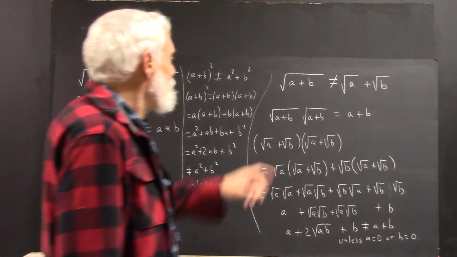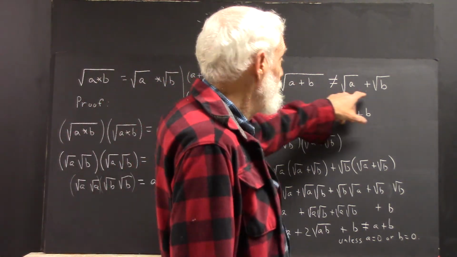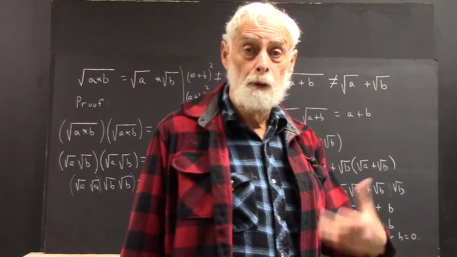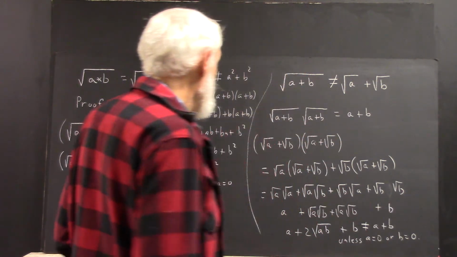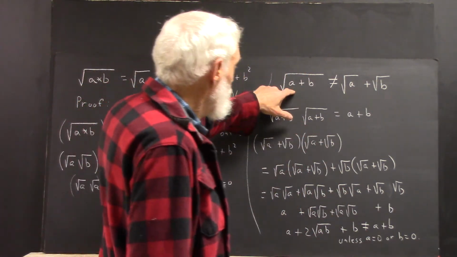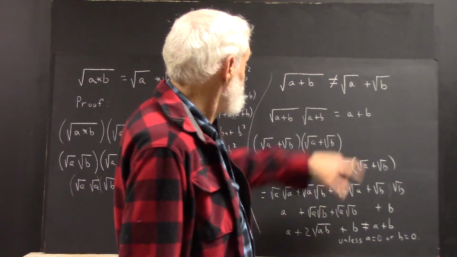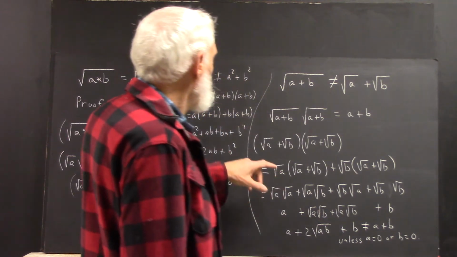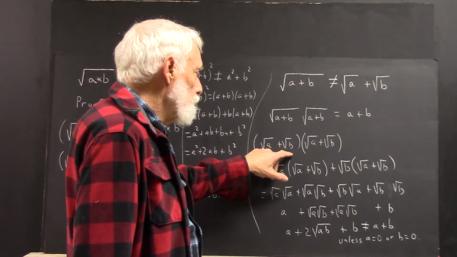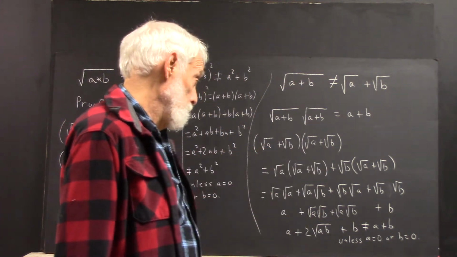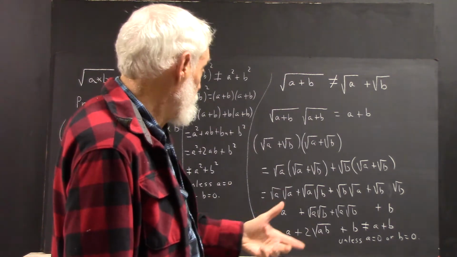Okay? Now, the square root of a plus b is not equal to the square root of a plus the square root of b. It's very easy to prove. First of all, if you square the square root of a plus b, you get a plus b. If you square the square root of a plus the square root of b, you don't get a plus b because of the distributive law.